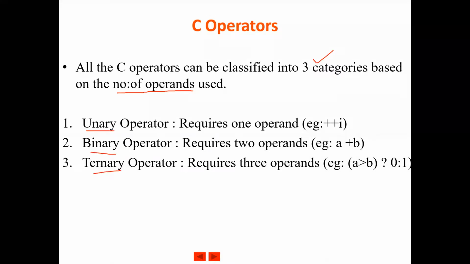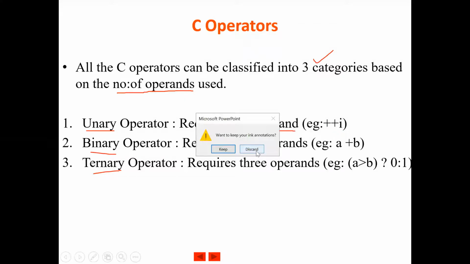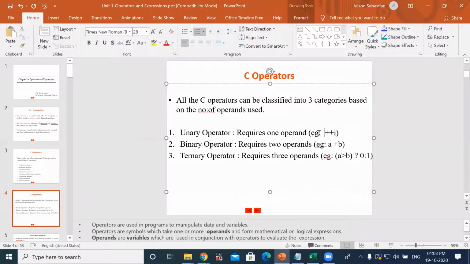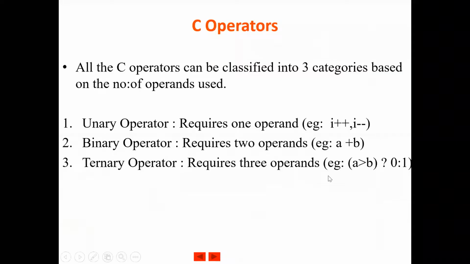Unary operators are those operators which require only 1 operand. We studied i plus plus or plus plus i, which is an increment operator, and i minus minus, a decrement operator. Here in i plus plus, Naveen, tell me which is the operand and which is the operator?